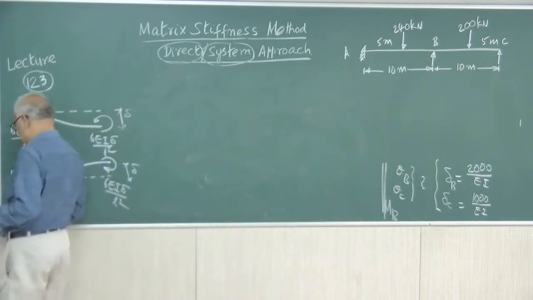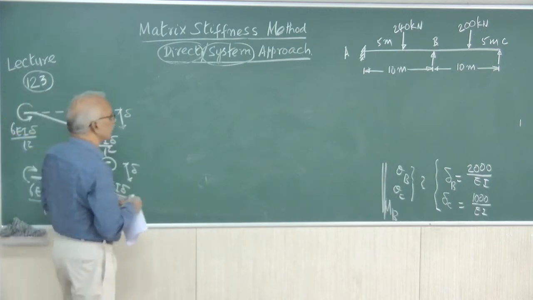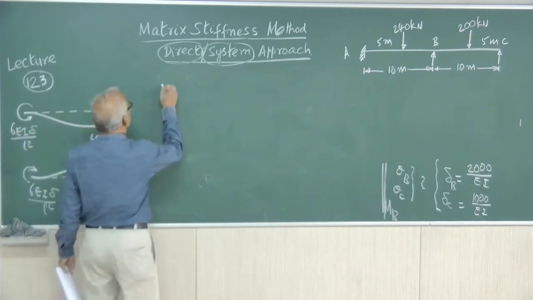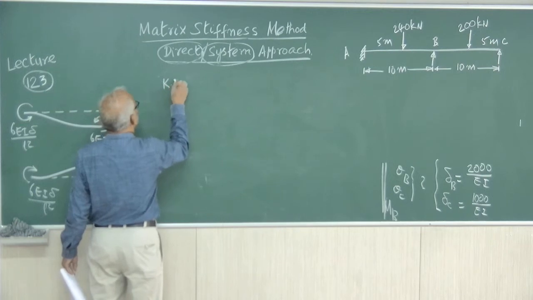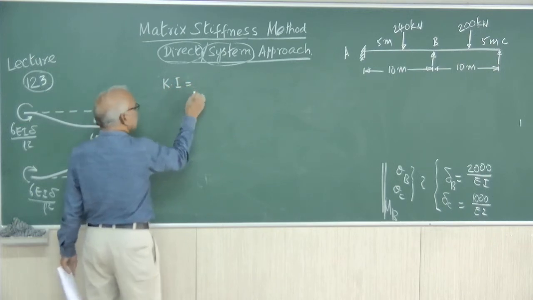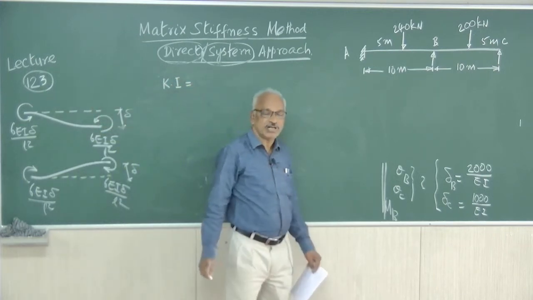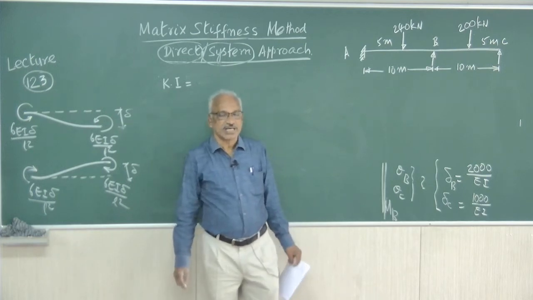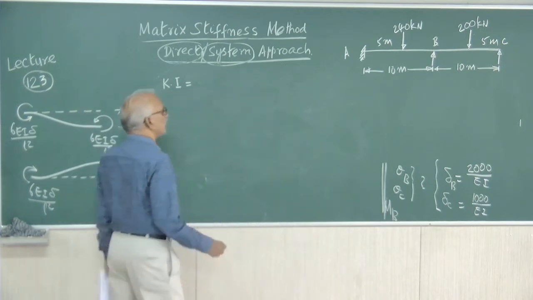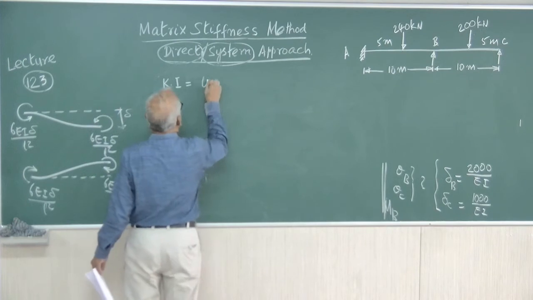Now in the stiffness matrix method, first we have to find the kinematic indeterminacy of the structure. Kinematic indeterminacy stands for the possible joint displacements. Here theta B and theta C are the possible joint displacements.